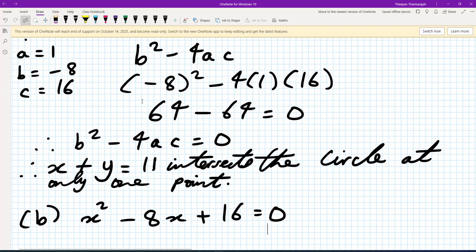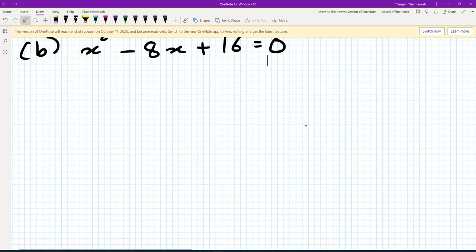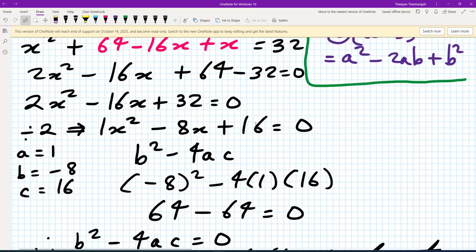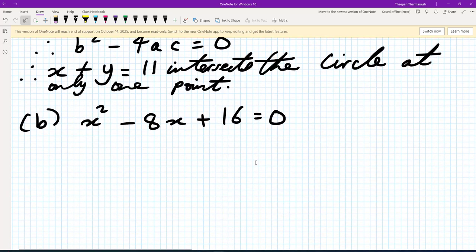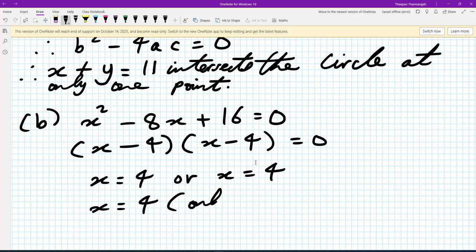And I derived that earlier, as you can see in the previous line. So now we're going to factorize this. So we get (x minus 4) all squared equals 0. So we get a repeated solution. In our case, x equals 4 or x equals 4. I'm just writing this out to show it's a repeated solution. Some people could say x equals 4 only is the only intersection point, it's fine.